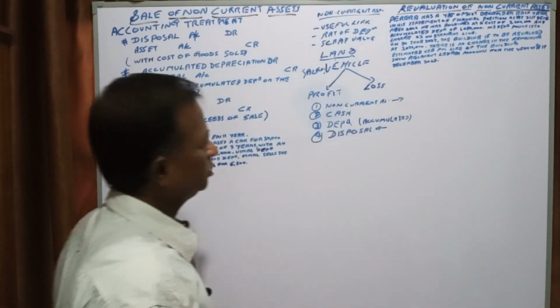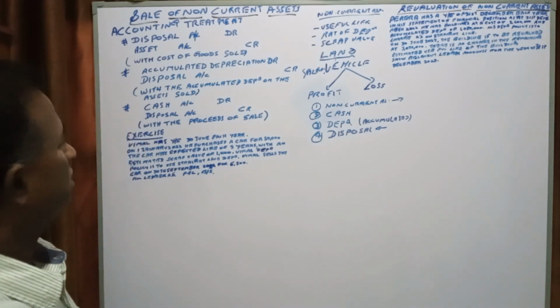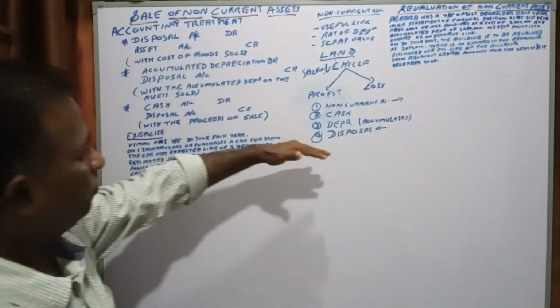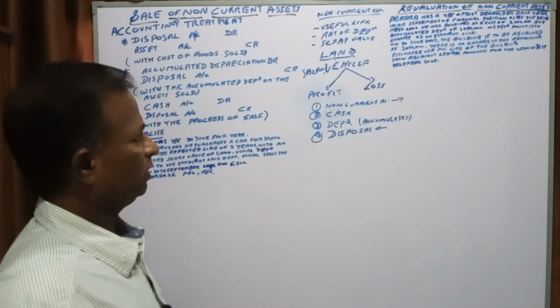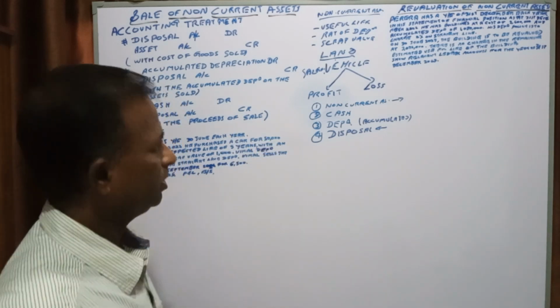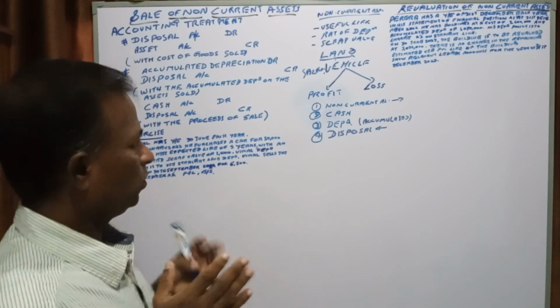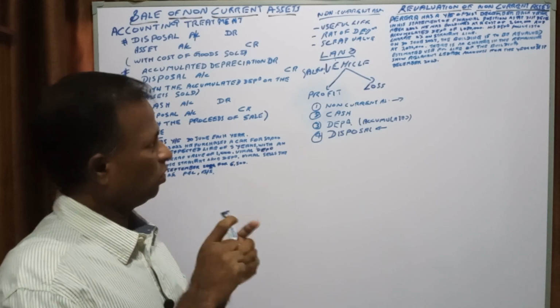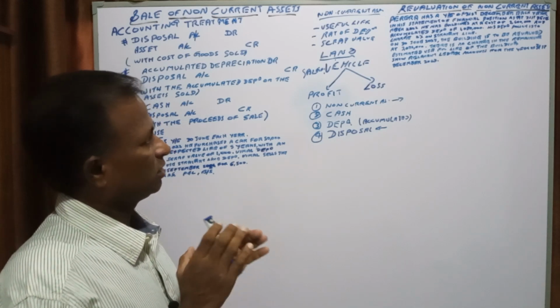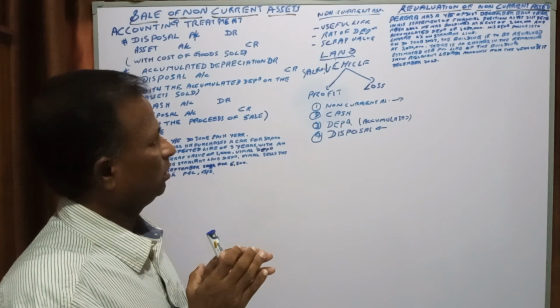The asset account will always have a debit balance, so you have to remove the portion relevant to the sale.